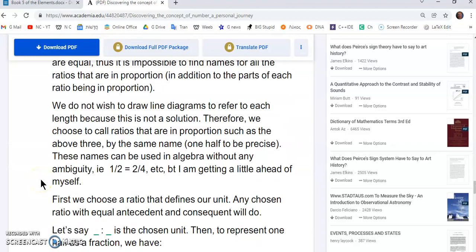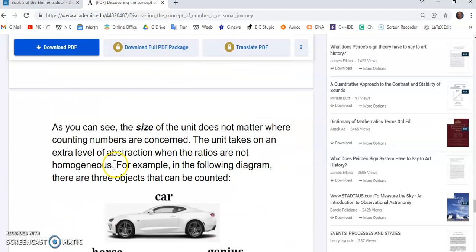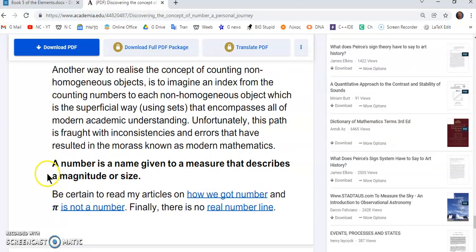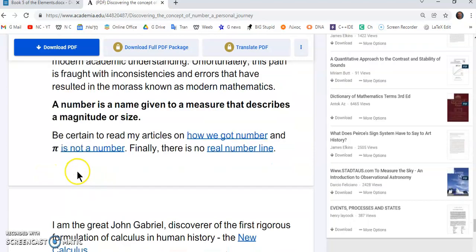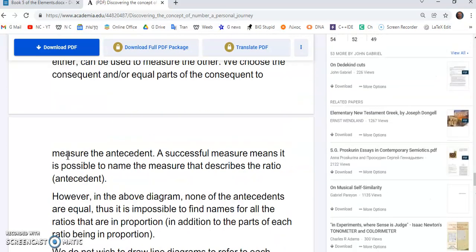So, yes, I am 55% Greek, so maybe it's genetic memory. No, I'm not so sure there's even such a thing. But anyway, this is a very interesting article, which explains how you can derive the concept of number from nothing.